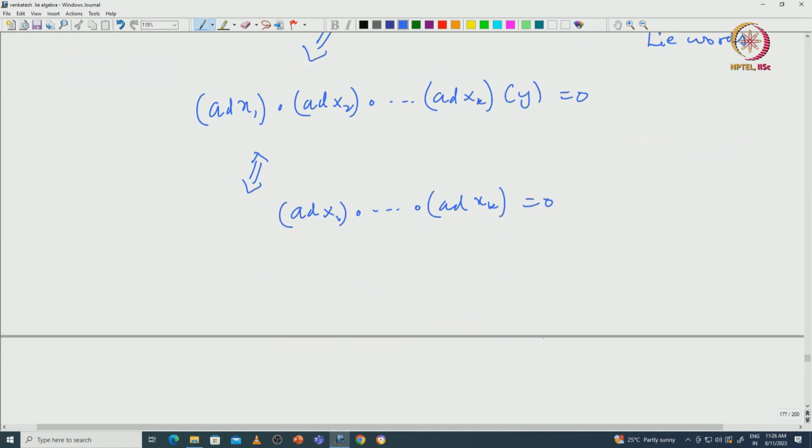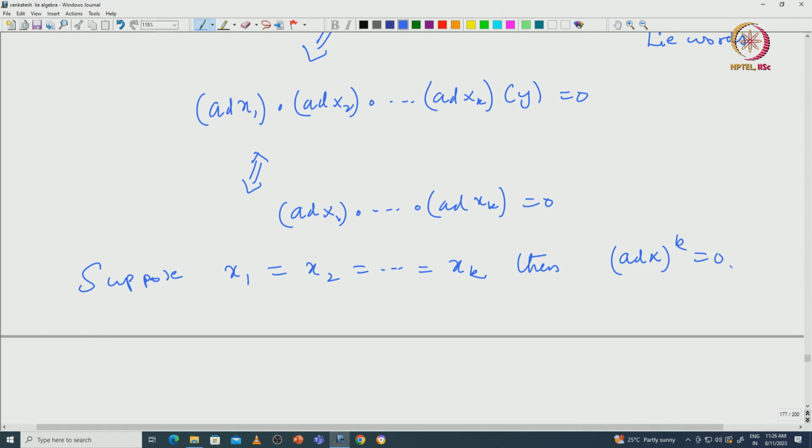In particular, if you take all the x_i's to be equal, suppose x_1 equals x_2 equals ... equals x_k equals x, then we get (ad x)^k being 0.